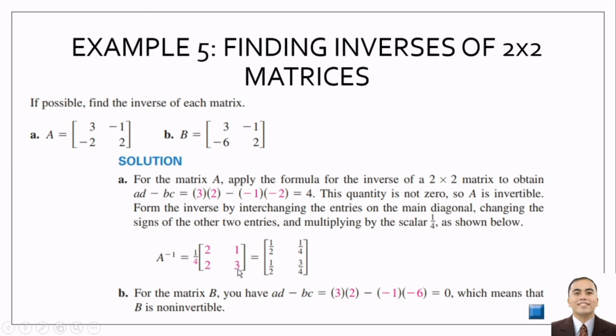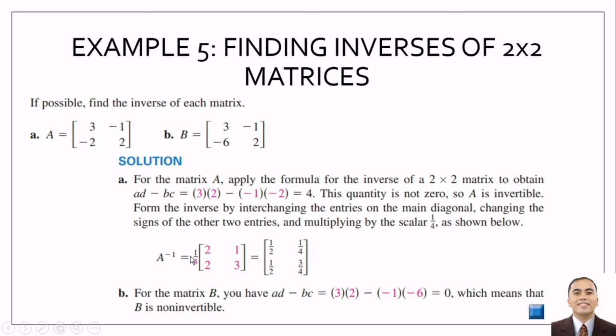Remember that we interchange the main diagonal, which is the 2 and 3, and we change the sign of the other diagonal. From negative 1 to positive 1, from negative 2 to positive 2.